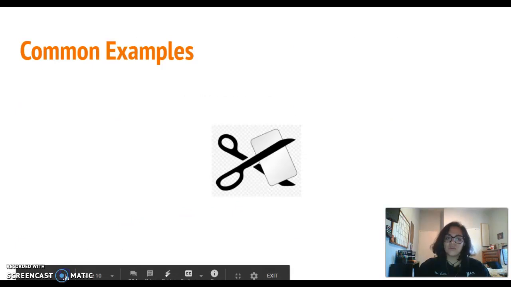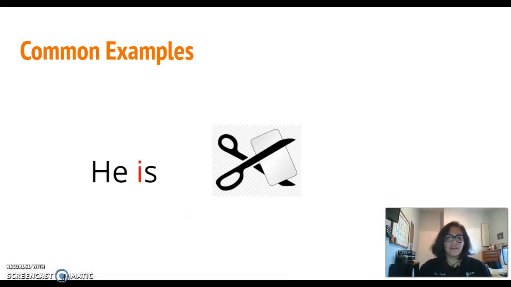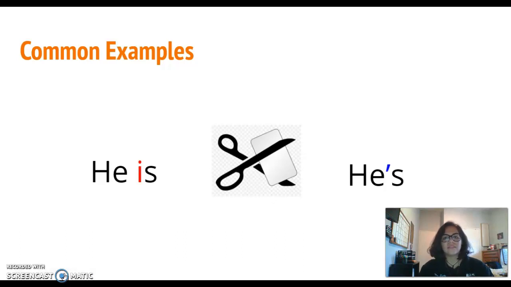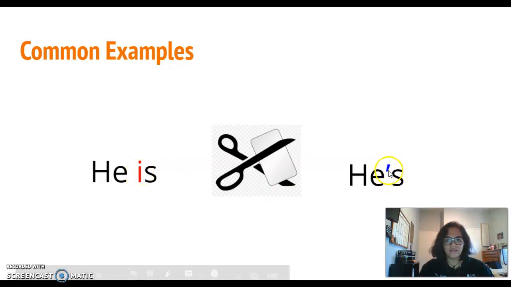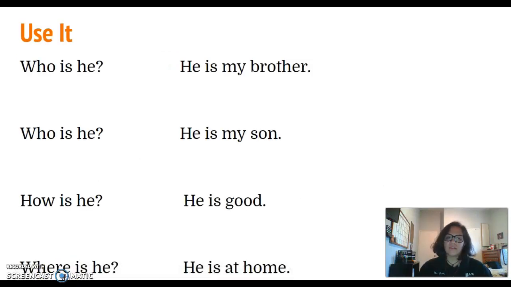You can also do it with he is. He is cut to he's. The I is deleted, and then you put the apostrophe. So the long way, you can say, he is my brother.